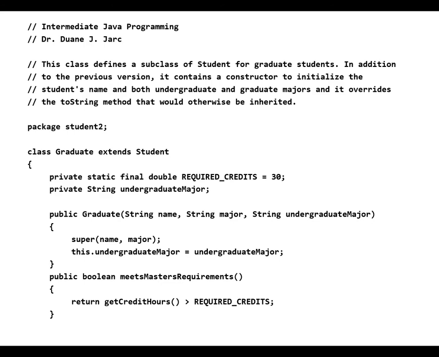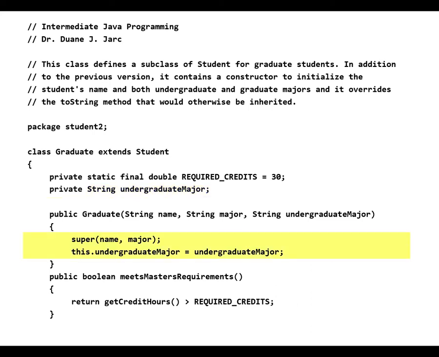Now let's examine the graduate subclass. In addition to adding a constructor like we did in the undergraduate class, we also added another instance variable, undergraduate major. Recall that subclasses can extend their superclass by adding new instance variables as well as constants and methods.